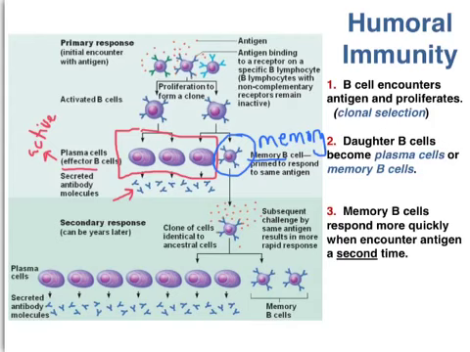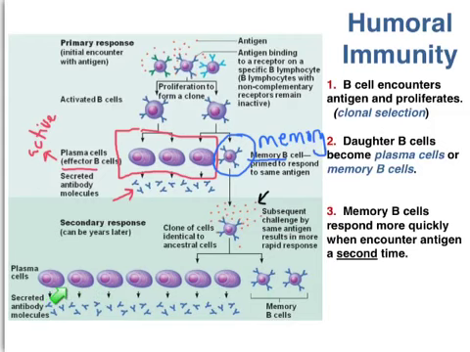But they have this really neat capability in that they are ready to go. As soon as you encounter that same antigen again, the memory B cells recognize it, they get activated, and they proliferate to make new plasma cells.